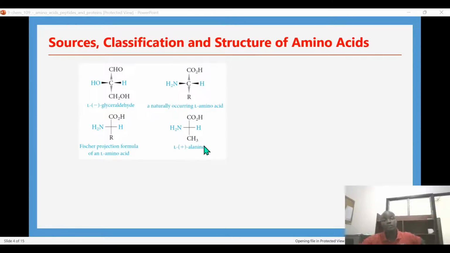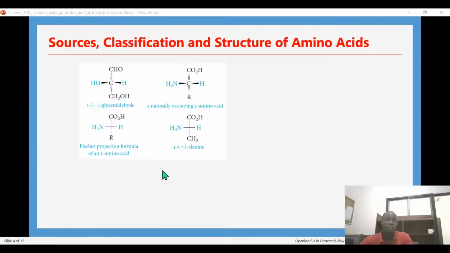So if you look at this amino acid, the one that is in L isomer, look at the amino group. Is the amino group at the left or at the right? It is at the left. So usually when the amino group is at the left, it is called L isomer.